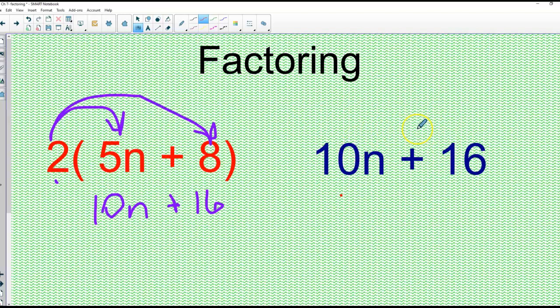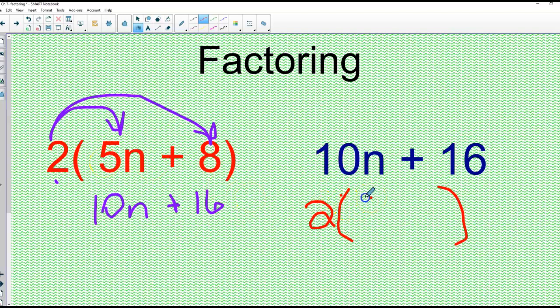Well, yes, they have 1 in common, but that's not the biggest one. I see they're even, so they have 2 in common, and I think that's the biggest one. So 2 would go on the outside of my parentheses. Okay, I'm going to make my parentheses. And then if I divide 10 by 2, we're dividing because before we were multiplying, so the opposite is dividing.